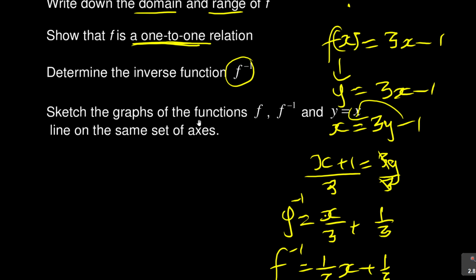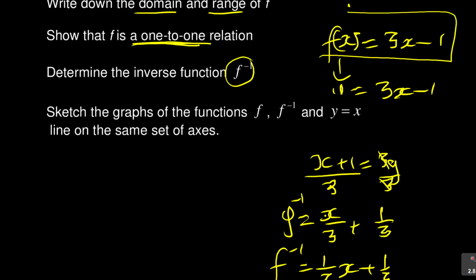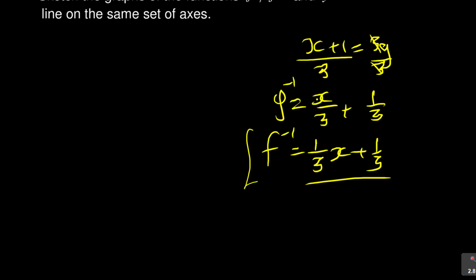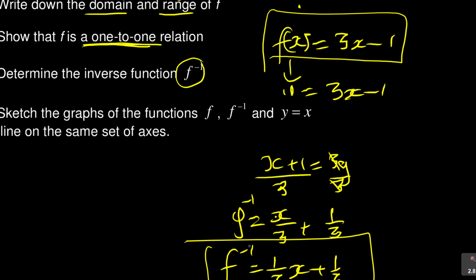And then sketch the graph of the functions f and the inverse on the same set of axes. Now because of my time, I'm not going to sketch this. Now I want you to sketch these graphs. You sketch this graph, alright, and then you come and sketch this graph. But I told you, once you sketch this one, you don't have to actually sketch this.